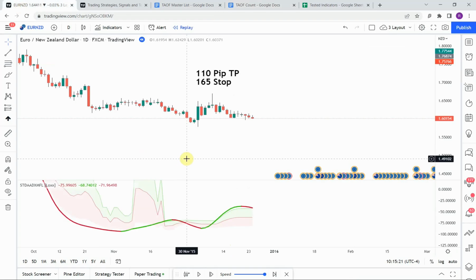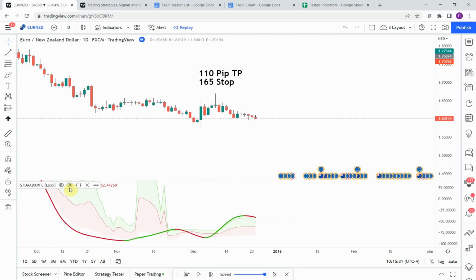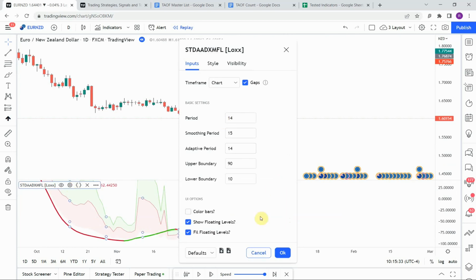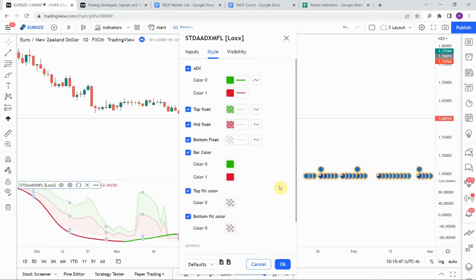Okay, so today's indicator is the Adaptive ADXm with floating levels. And you can see it here on the bottom of the screen. At this point, I haven't made any changes to it. You can go in and add the bar coloration to it if you want to, but again, many of the viewers say that they're not too fond of that.